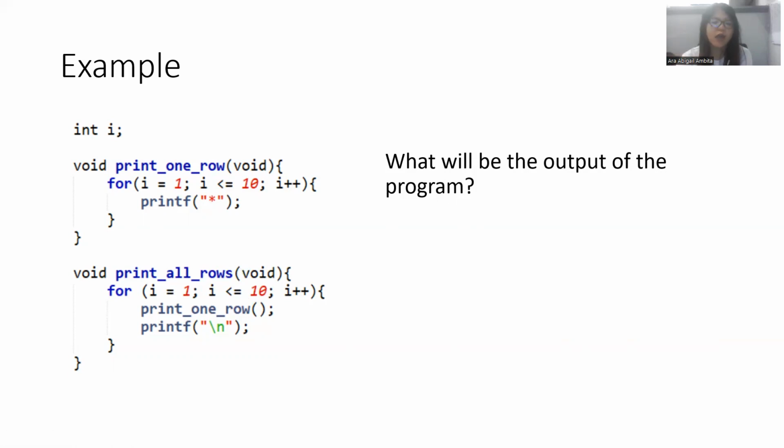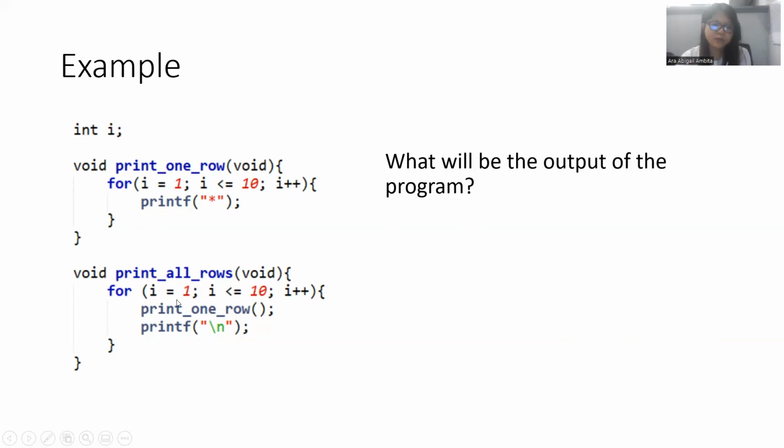So you have the first na loop which prints 10 na rows, and for each na iteration, it calls the print one row, which prints 10 asterisks. Okay, so this is what you have to notice. We have declared a global variable I, which is used in print one row as well as in print all rows.